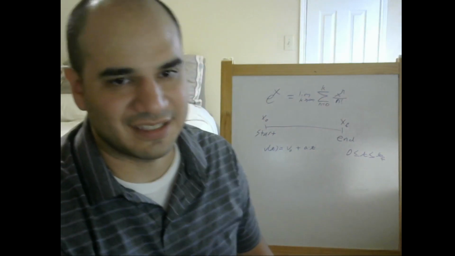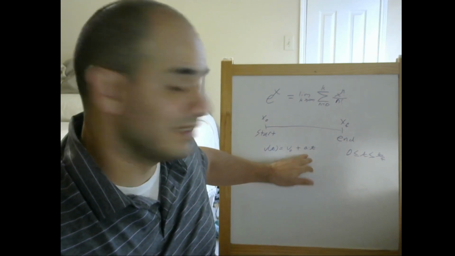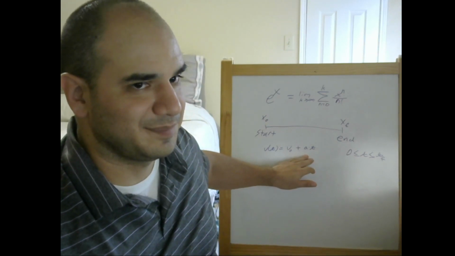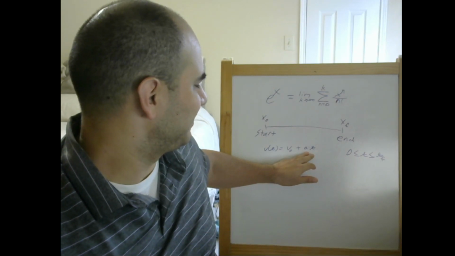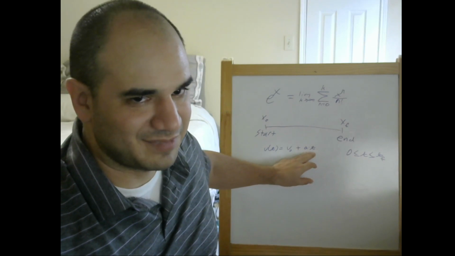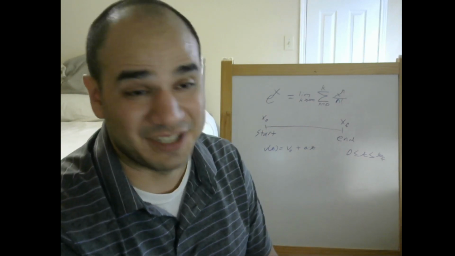Okay, so if we have constant acceleration, then our velocity is going to be the acceleration times the amount of time that's elapsed since we started measuring, right?